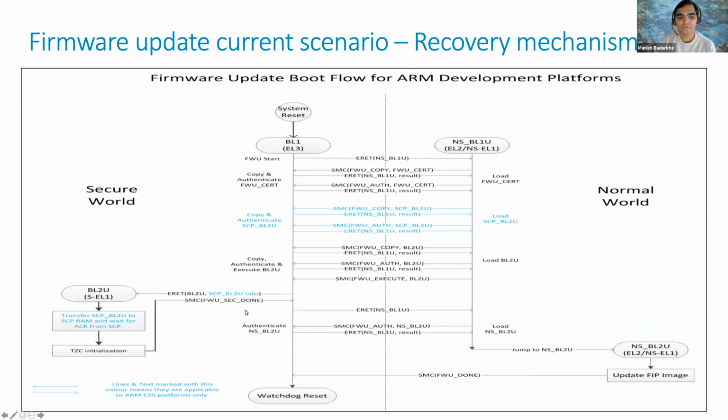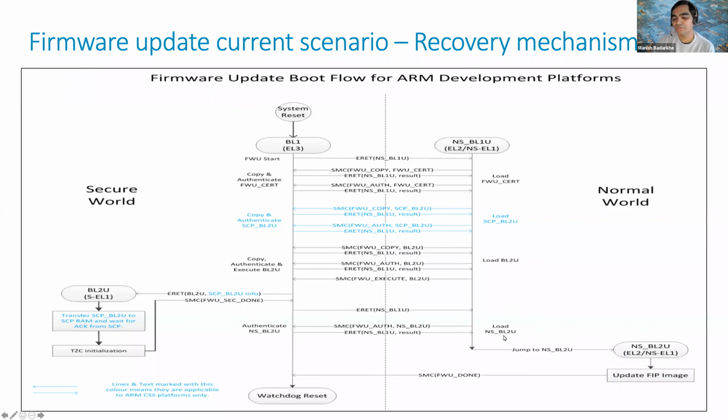Once the BL2U execution is done, the non-secure BL1U component loads the non-secure BL2U component, which does the job of actual recovery. Now the non-secure world has DRAM access, which it can use to stage the firmware update.